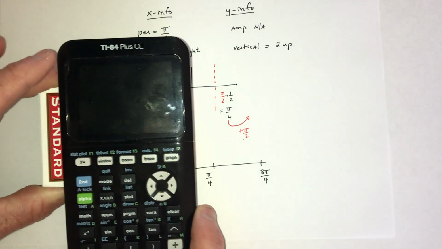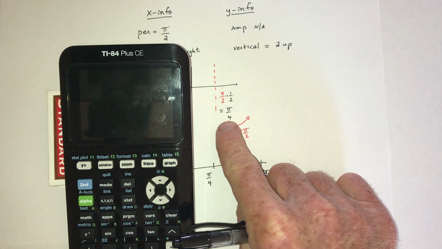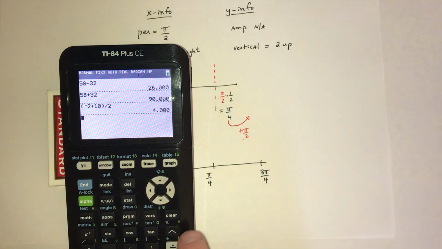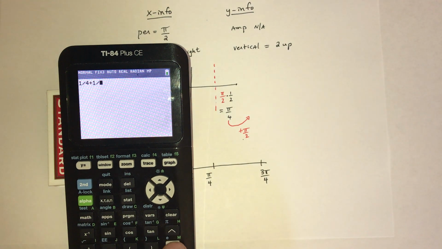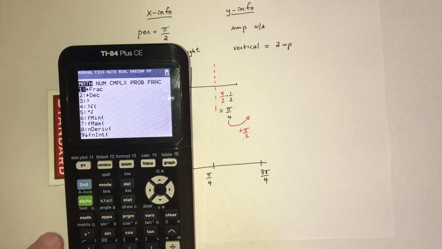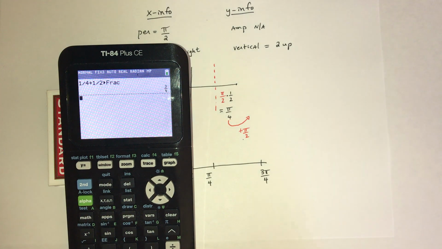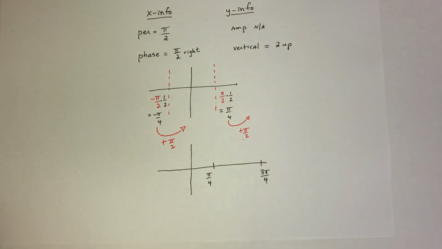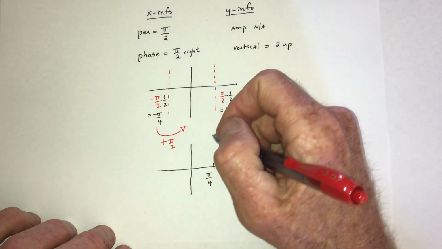Of course, you could also go like this. Just leave off the pi for a moment, and this is a quarter plus a half, and then go to math, change that to a fraction, and it's 3/4. And then put the 3/4, but now attach the pi back to it. All right, those are the asymptotes.